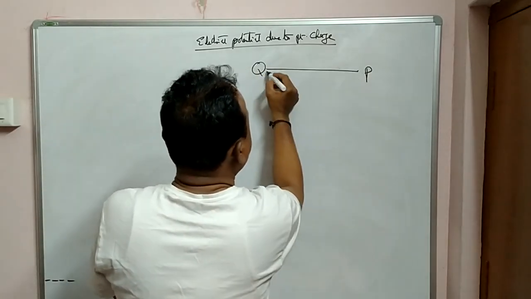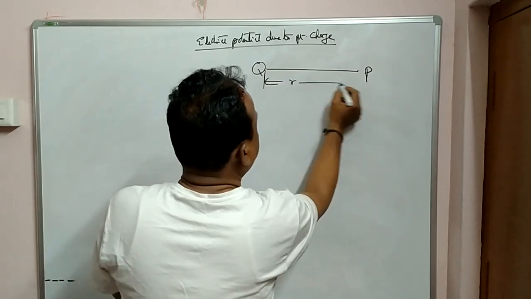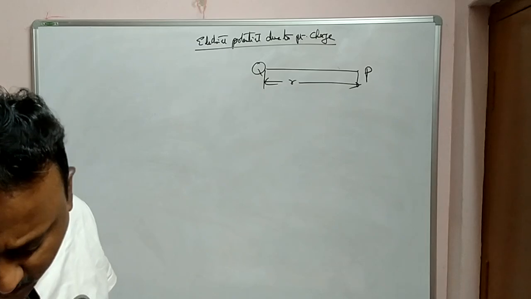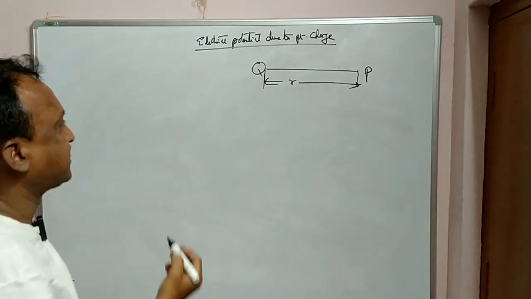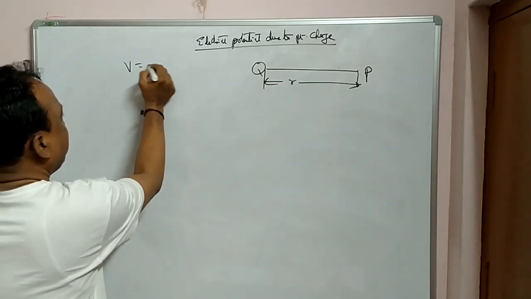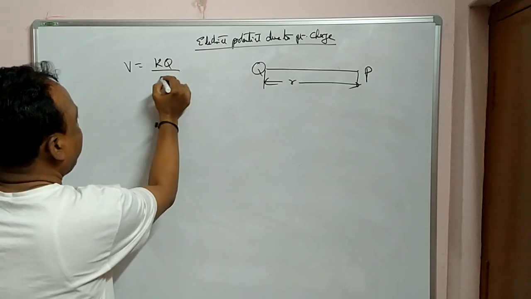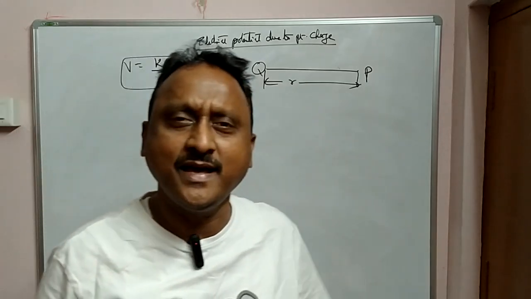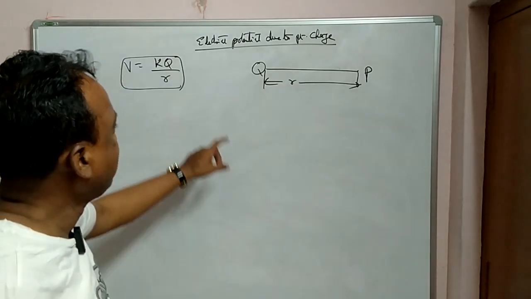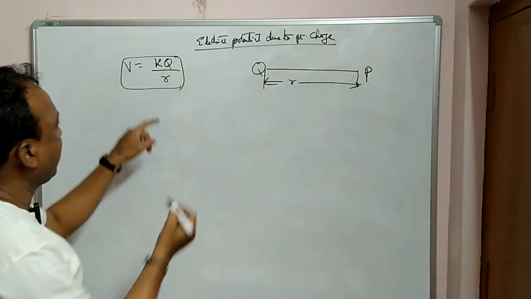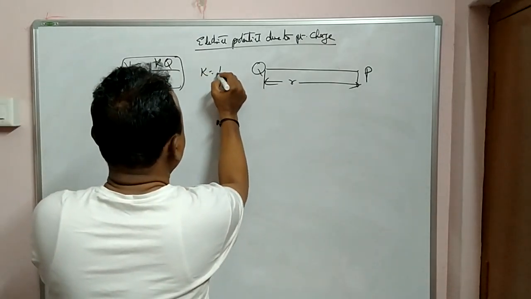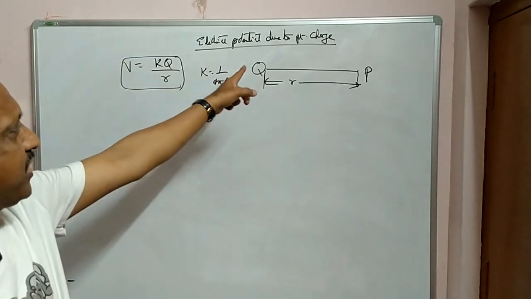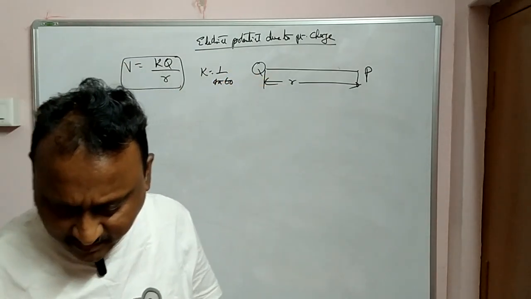Now at a point P at a distance R, I want the electric potential V. Here Q is the point charge, then it is given by V is equal to KQ by R. K you all know, the constant 1 by 4 pi epsilon naught. Epsilon naught is the permittivity of free space. So V equals KQ by R, K is equal to 1 by 4 pi epsilon naught. This is the electric potential due to the point charge.